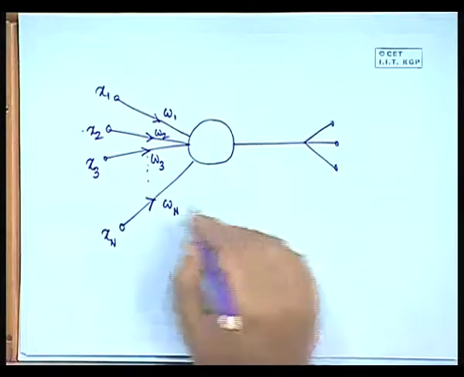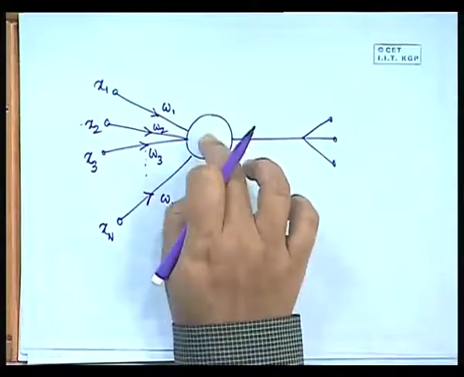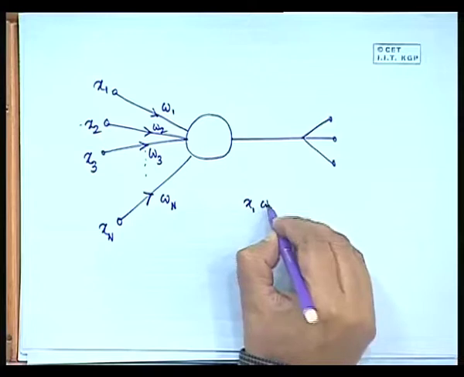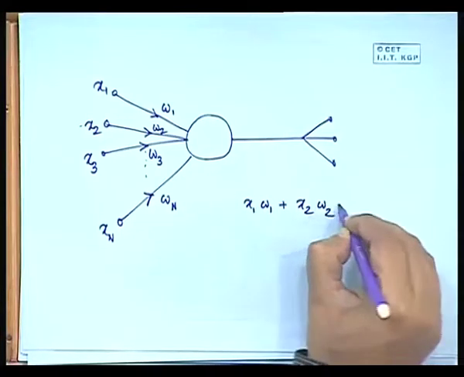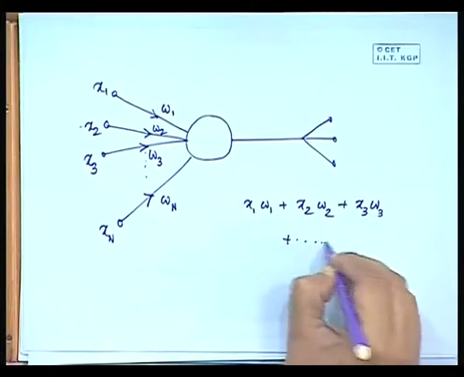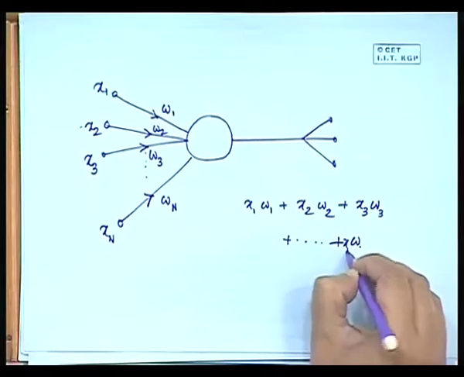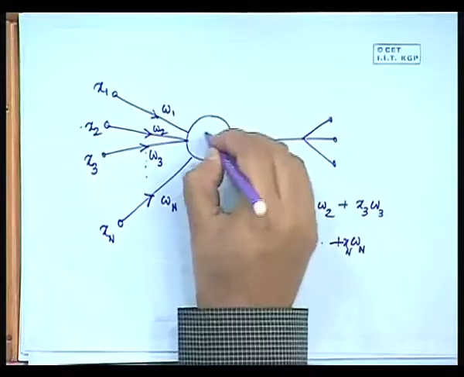So, here what happens is that the net signal that will be available at this neuron is going to be x1 into W1 plus x2 into W2 plus x3 into W3 plus so on up to xn into Wn. There are n such neurons that are interconnected.